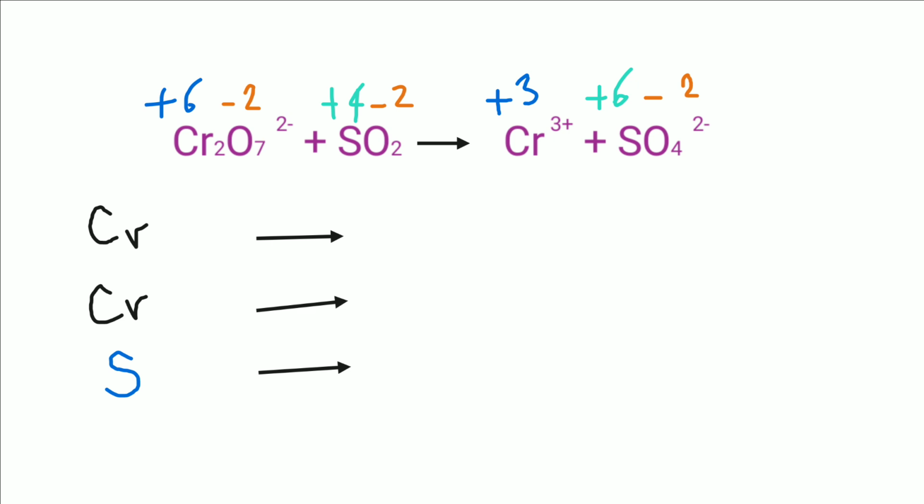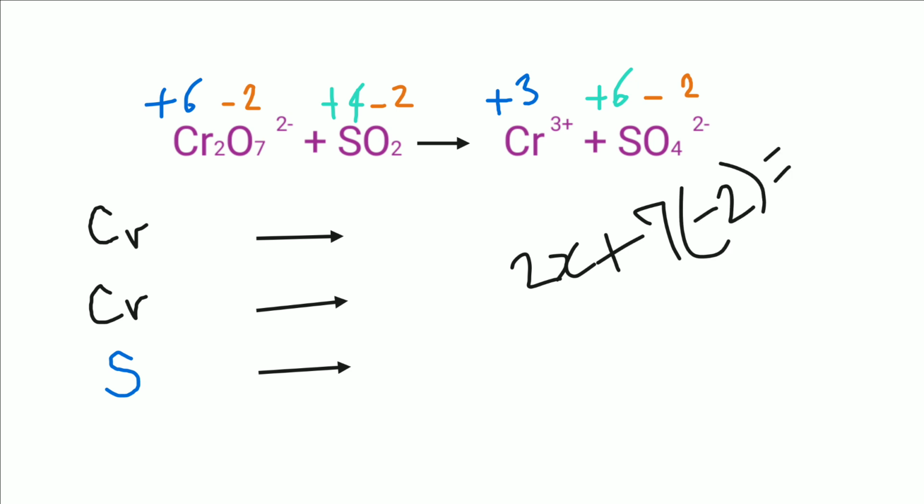I will work out for chromium alone in the first reactant, and then the same principle is applied. Chromium, two atoms are there, so we can consider chromium. First we assume the oxidation number is x. So two chromium atoms are there, therefore 2x plus 7 times the oxygen atoms, that is 7 times minus 2, is equal to minus 2, since this is a polyatomic ion and the sum of the oxidation numbers is equal to its charge.